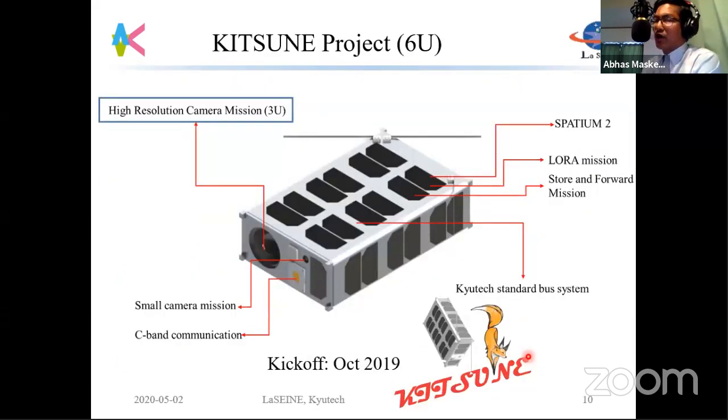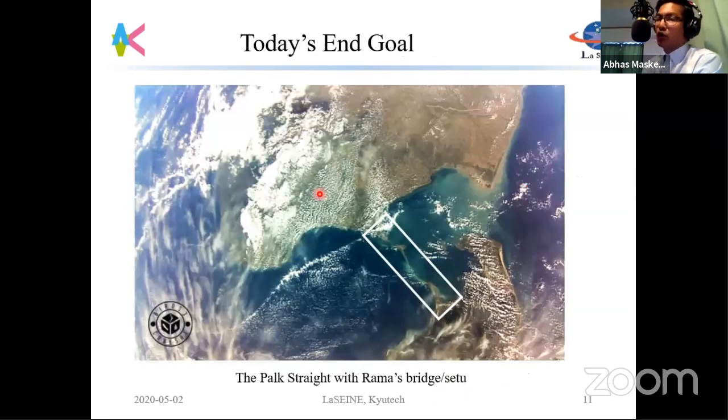Currently, we are also involved in the Kitsune project, which is a 6U project. It has a high resolution imager, and also a small camera. All the Birds countries who are involved are also involved in the Kitsune project. So those are the projects at Kyushu Institute of Technology.